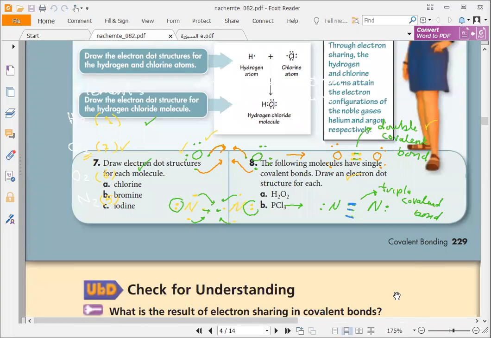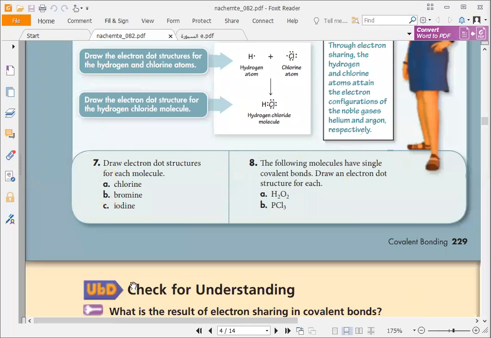Now, we have 2 questions. Question number 7 and question number 8. I'm going to answer section B here and section A here.